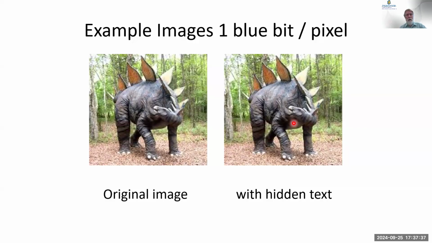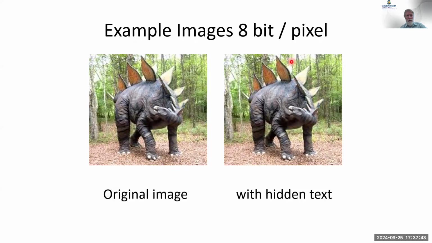I only changed the blue and put the least significant bit there. Then I got a little bolder, and I said, well, let's do 8 bits. So I changed 3 bits of red, 3 bits of green, and 2 bits of blue. I can't remember how it was split up. And still, I can't see any difference between these two.